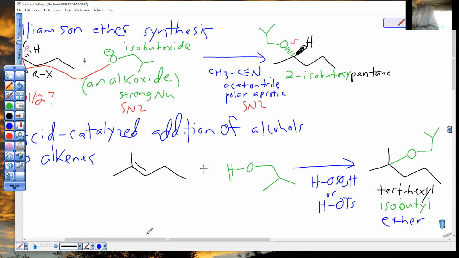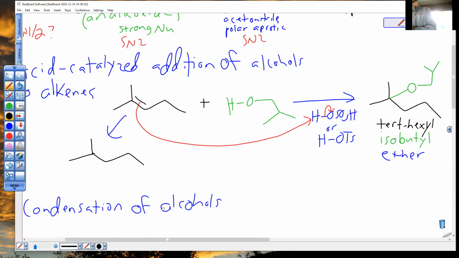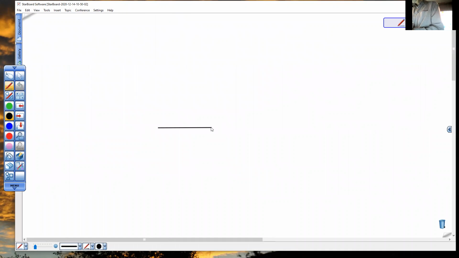And the mechanism, we can do a quick review mechanism, doesn't hurt. Carbocation of the major variety right here. I didn't indicate the minor products, so you don't have to worry about it right now. We made a carbocation there. And isobutanol comes in on the scene.